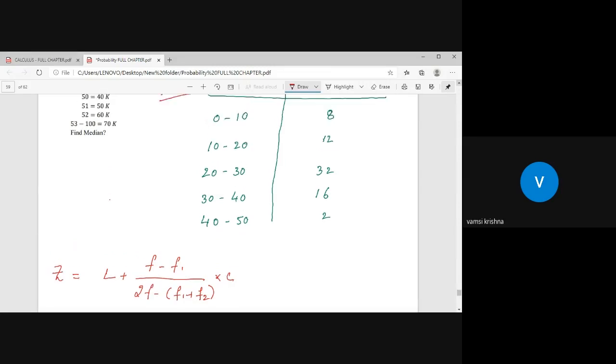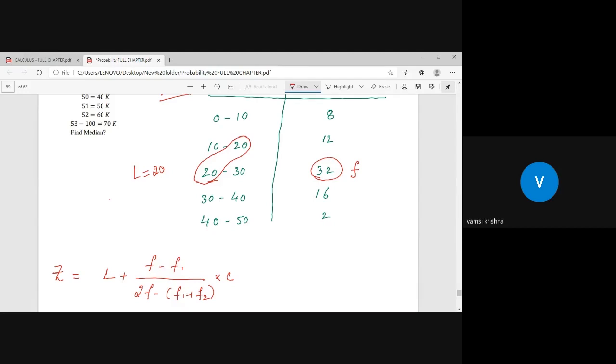In this case, first you need to find the maximum frequency, that is f. After finding f, we need to find L here. So the lower bound is 20, so L is equal to 20 here. Sir, what about f1, f2 in the formula?